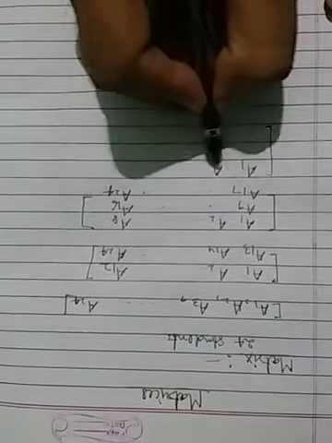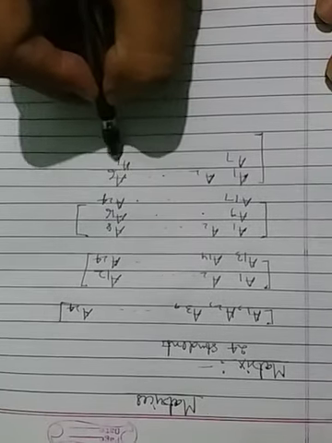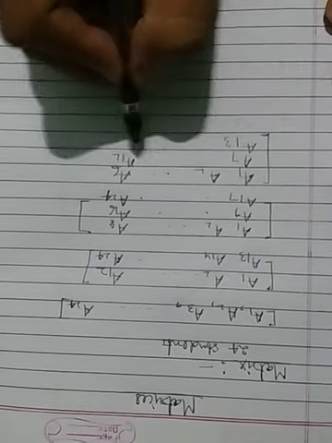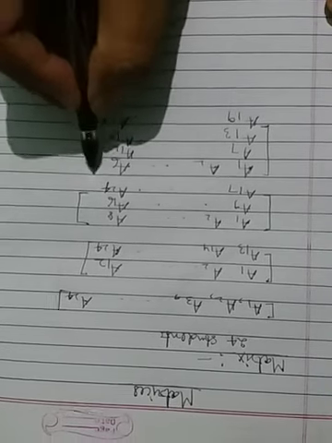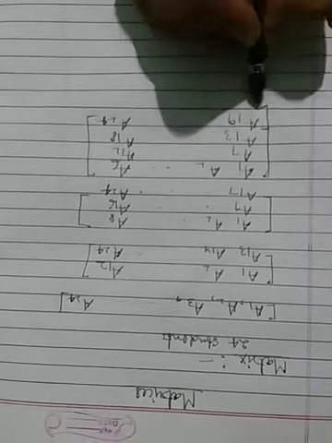Another way is A1, A2 like this up to A6, then A7 to A12, then A13 to A18 and finally A19 to A24. So there is another way.